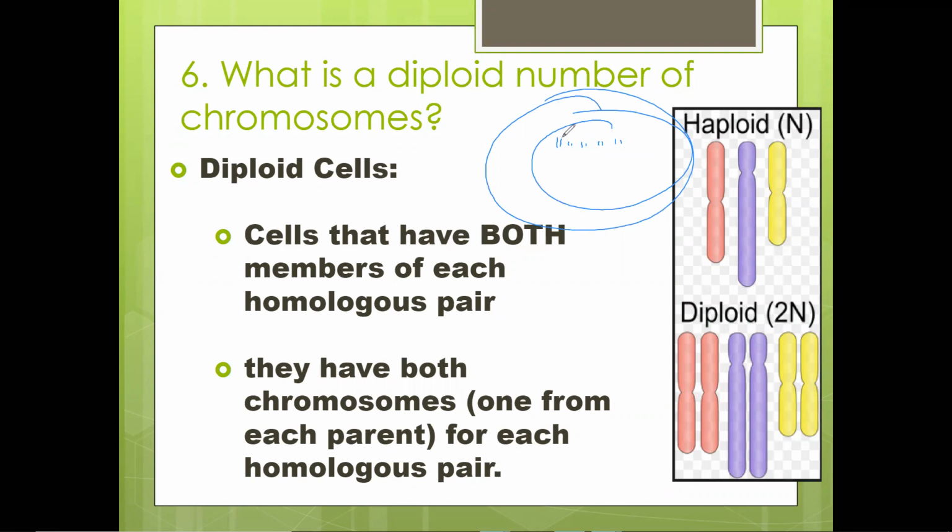These cells have both members of each homologous pair, and so they are diploid because they have both. If we break down that word, di means two. So they have two of each pair.